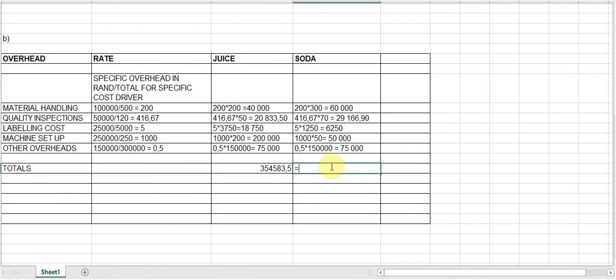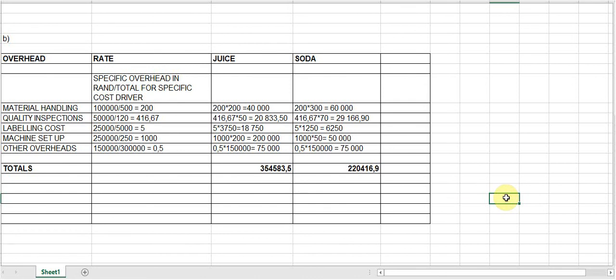For my soda bottles, I'm going to take the 60,000. I will add the 29,166.90. I will also add the 6,250. I will add the 50,000, and I will add the 75,000. And there you have calculated the total overheads to be allocated to juice and soda bottles in the instance where ABC costing is applied.